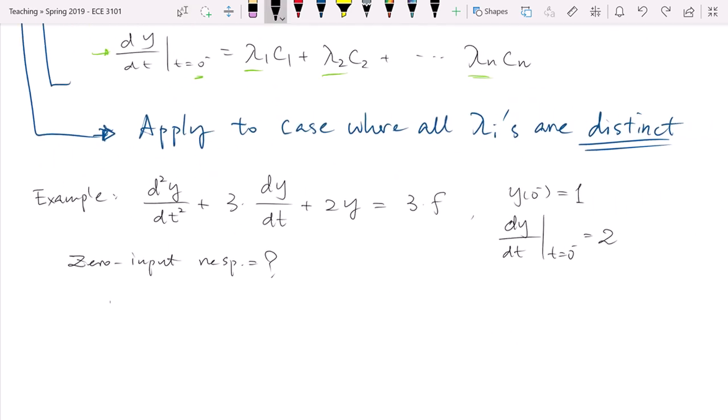For instance, in this case, we can say n is equal to 2, since the second order derivative is on the left hand side, and you have a1 equal to 3, a0 equal to 2. On the right hand side, m will be 0 since you don't have any derivative terms, and you have only b0 on the right hand side.